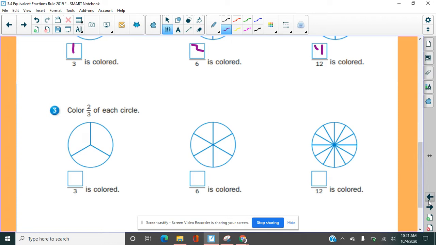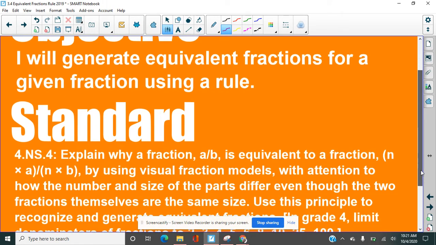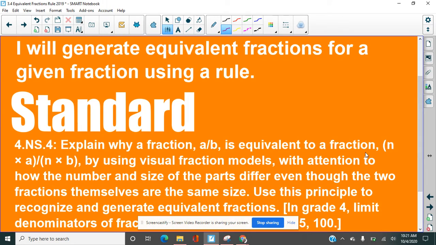All right, so let's see what we're doing here, what this means, okay? What all of this coloring relates to. So our goal today is to generate an equivalent fractions rule, okay? So we can use fraction circles and number lines, but we're also going to learn kind of a shortcut method, okay? And that's described in this standard, but I'm not going to get into that right now.